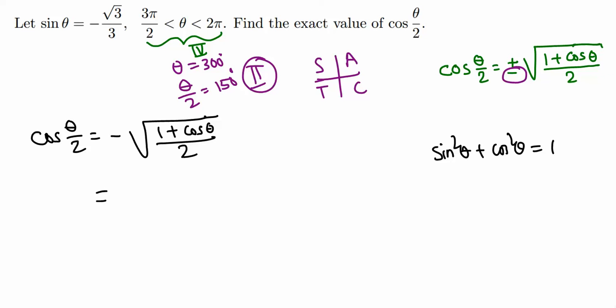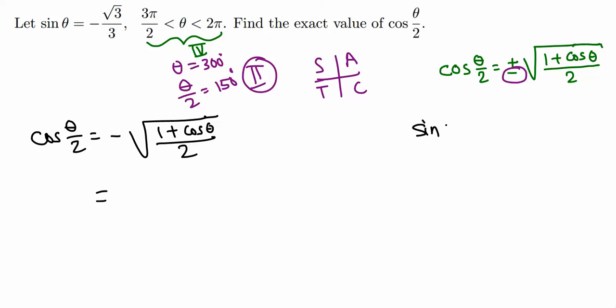That's one way. But the general method would be to draw the right triangle based on sine. Sine is opposite over hypotenuse, and find the unknown side. Once we have all three sides of a right triangle, then we can find any trig function including cosine theta. So let's do that work here.